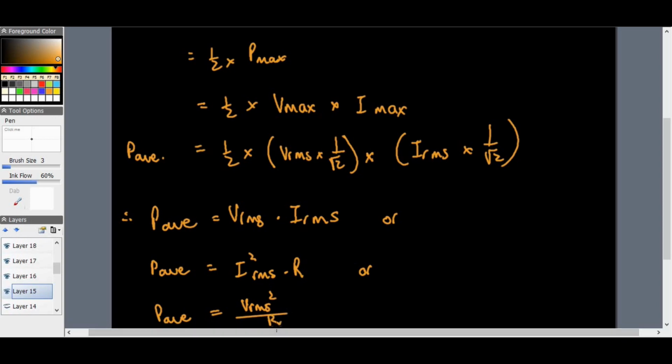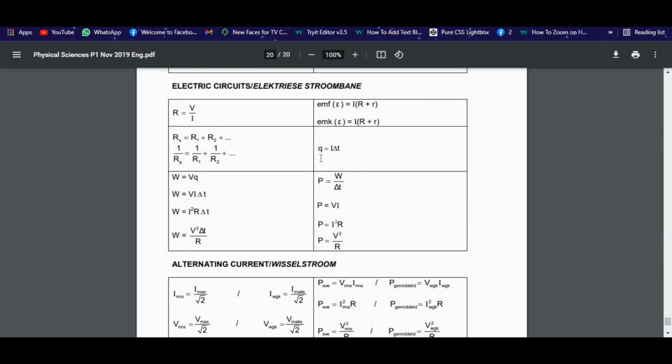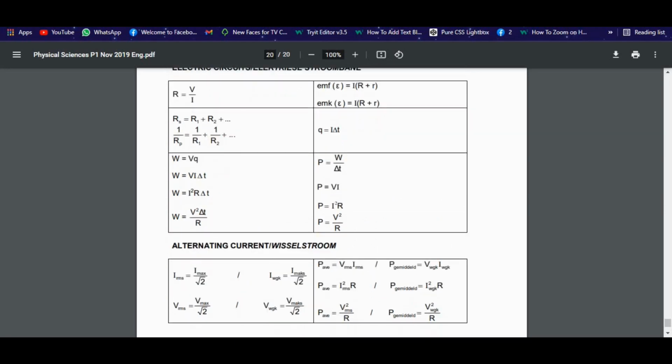So basically the average power formula that we had in our formula sheet just under electric circuits, we just replace I and V squared here, and up top here we just replace all those with RMS values, and we're sorted. Pretty cool.